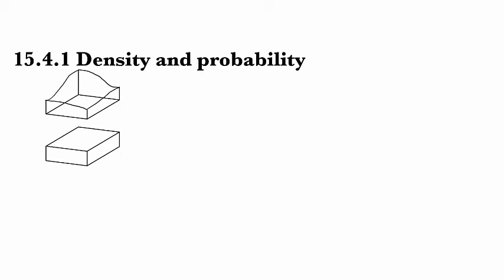So in this clip, we're going to look at two essentially different ways of modeling mass, but we'll see they're also kind of the same thing. The first one is, suppose you have some material with a uniform density, but an uneven or irregular thickness.